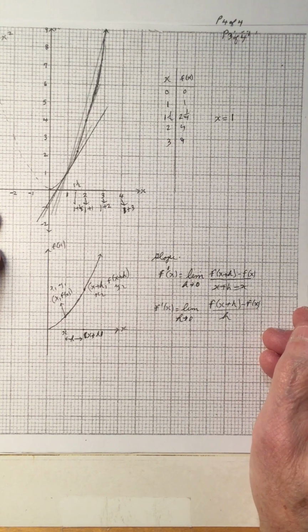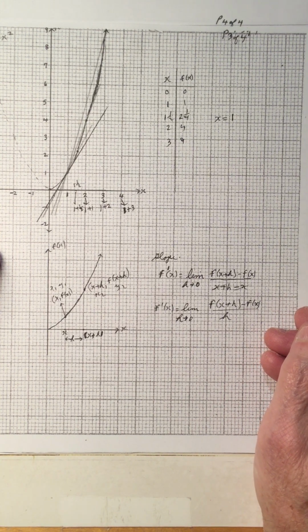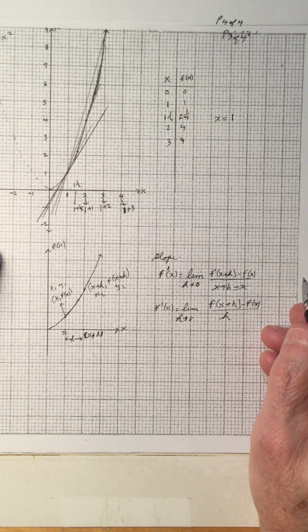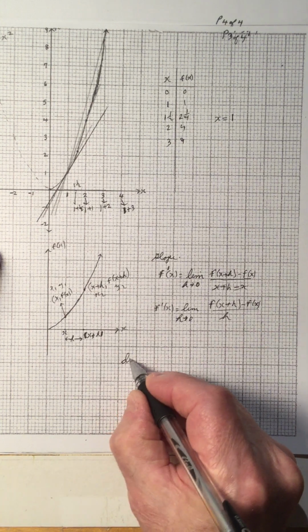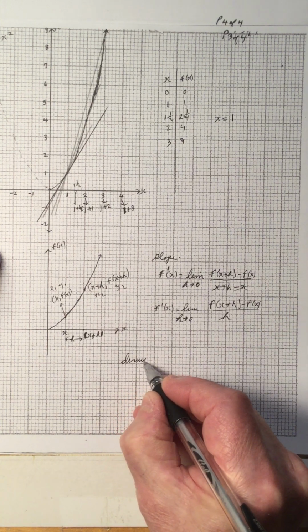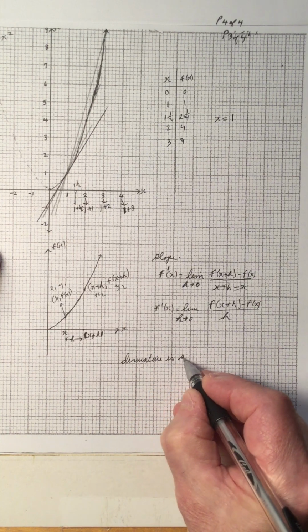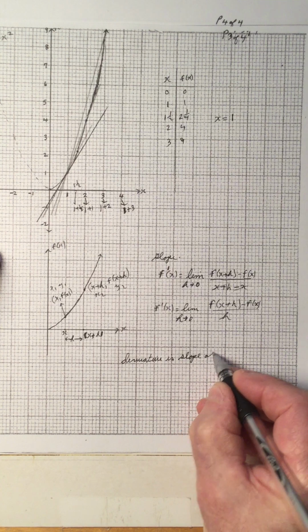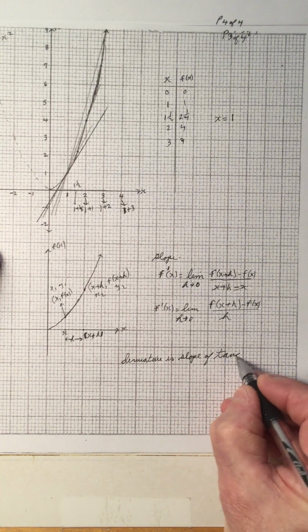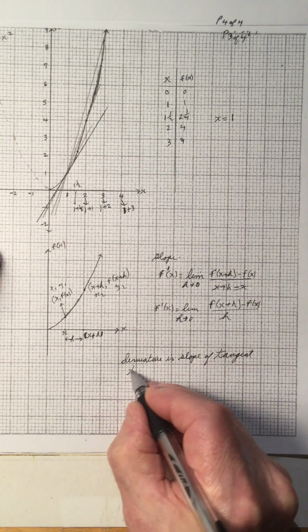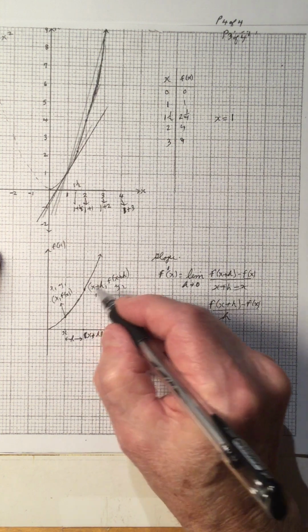So that's the definition for the derivative, because the derivative is the slope of the tangent. So the derivative, I want to keep repeating that, the derivative is the slope of the tangent to the curve.